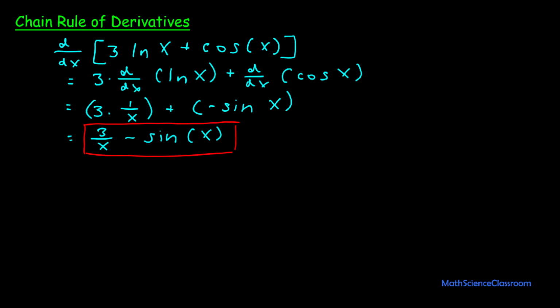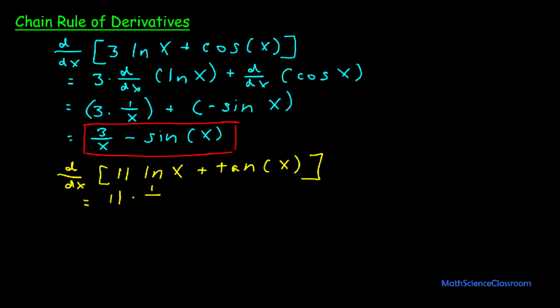Another: d dx of 11 natural logarithm x plus tangent of x equals 11 times 1 over x.